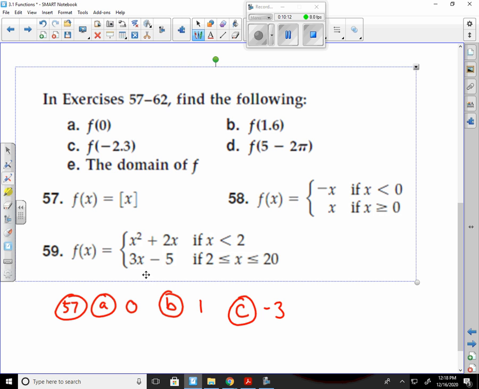With greatest integer functions, it helps to think of the number line. I'm looking for the one that's smaller than it. So if negative 2.3 is here, negative 2 is here, so that would be bigger. Negative 3 is back here. And then part D, if I did 5 minus 2 pi, that would give me like f of negative 1.6 something.